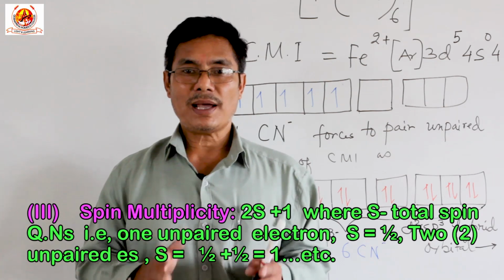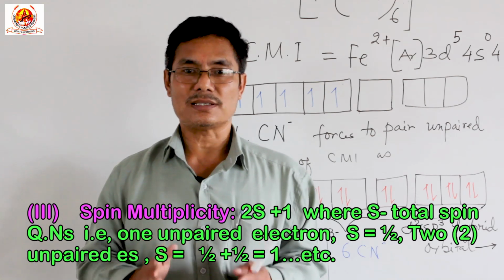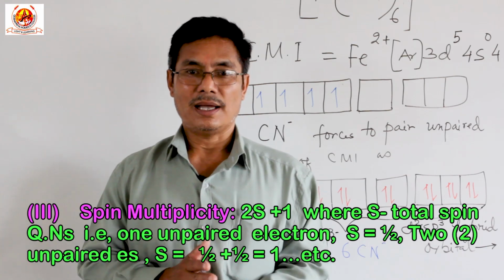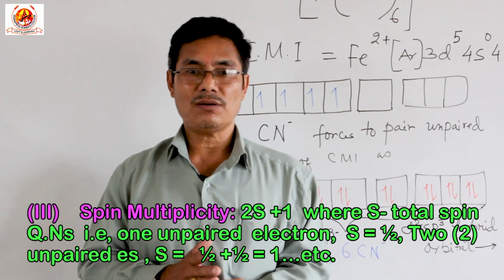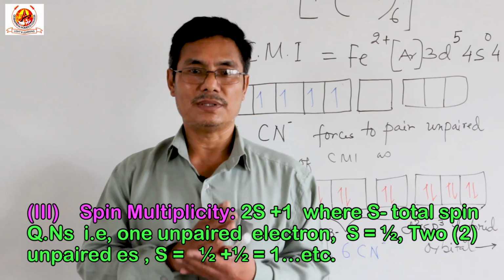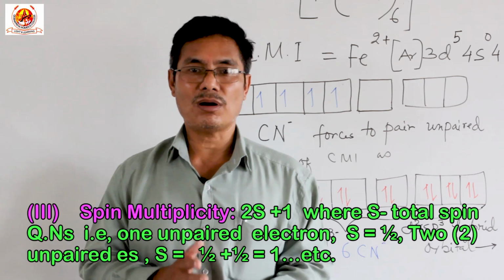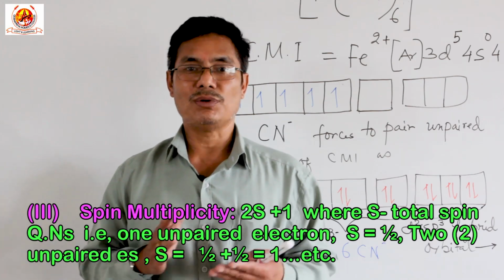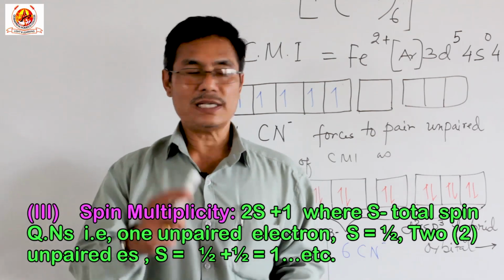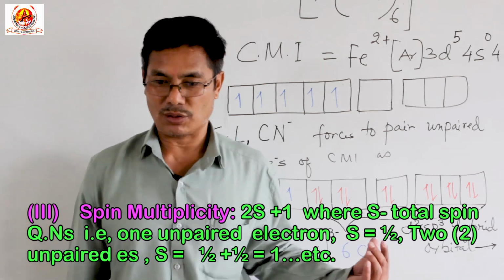When the unpaired electrons are 2, we can calculate S like this: half plus half, we will get 1. If the unpaired electrons are 3, we calculate half plus half plus half, that is 3 times half, we will get 1.5. Like this, we can calculate the S value. Then for this particular example, we have 1 unpaired electron.